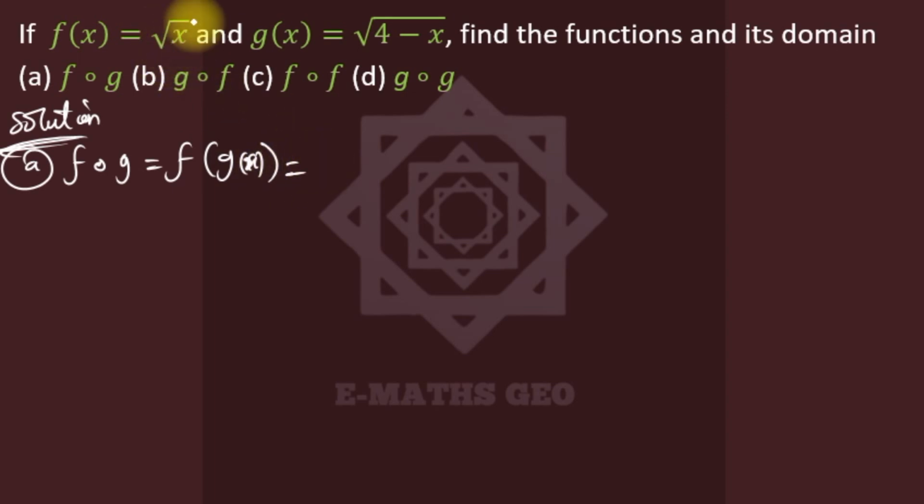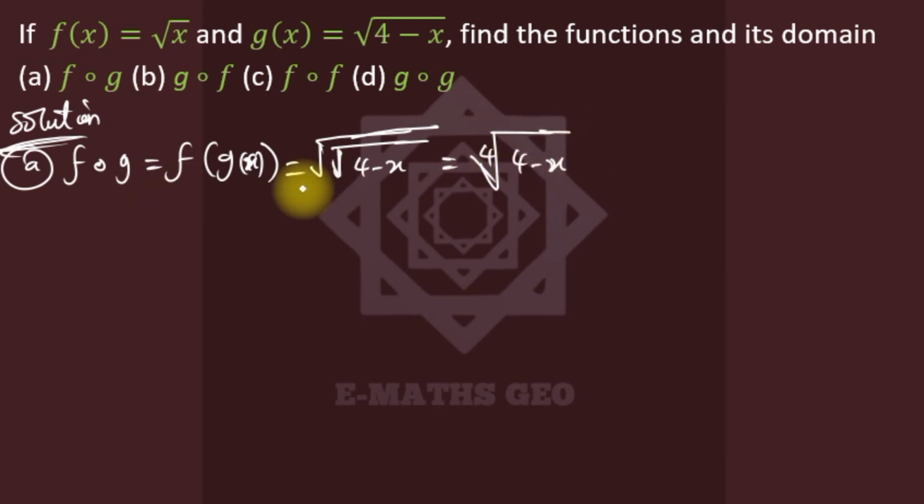Since f of x is this, wherever we see x, we substitute g of x, which is the square root of 4 minus x. So that's the fourth root of 4 minus x, and this is the composite function.